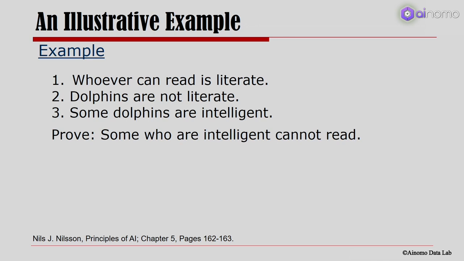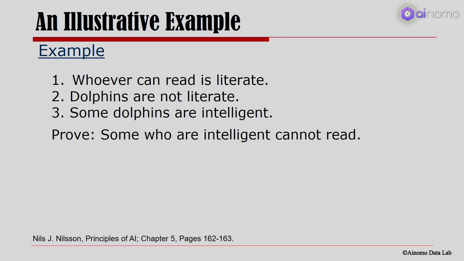Now, this illustrative example is a worked out example from the book by Nilsson on Principles of AI, chapter 5, pages 162 to 163. These are the sentences. Number 1, whoever can read is literate. Number 2, dolphins are not literate. Number 3, some dolphins are intelligent.